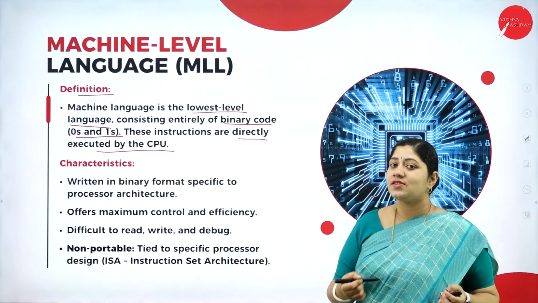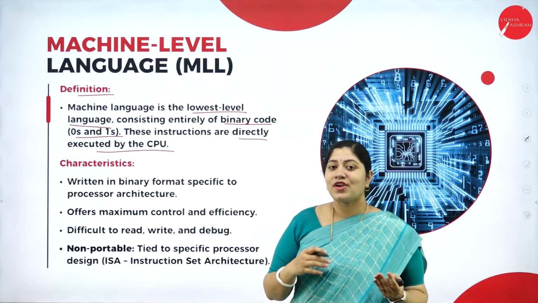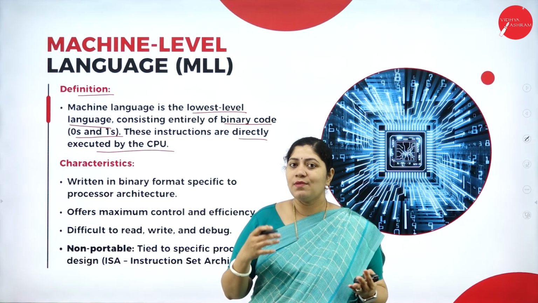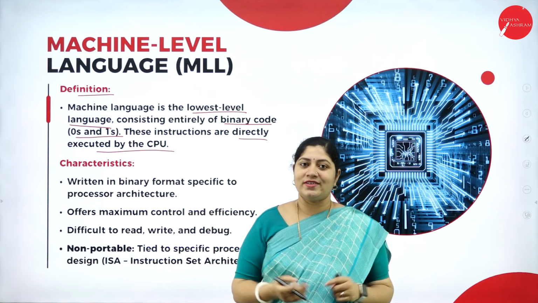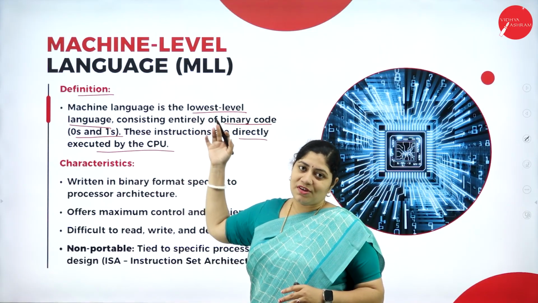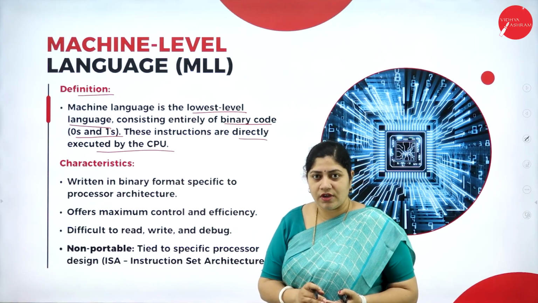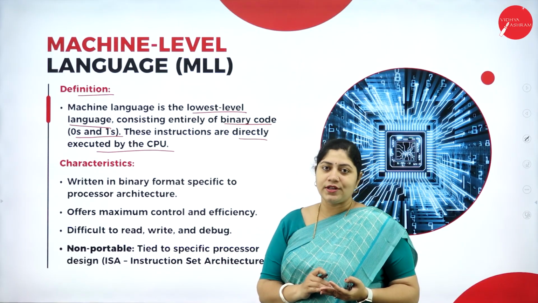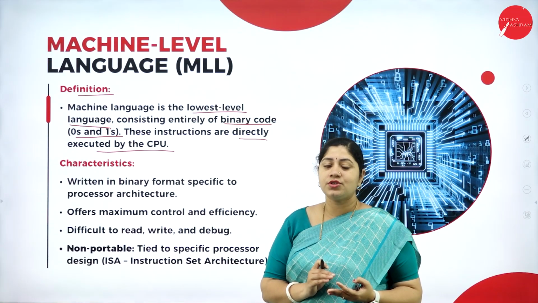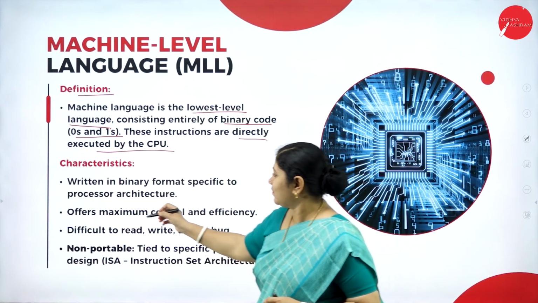Because the CPU can understand this low level language quickly and it can help execution in a quick manner. Let's understand the characteristics of this machine level language. The first characteristic is this machine level language is written in the binary format specifically to support the processor architecture.